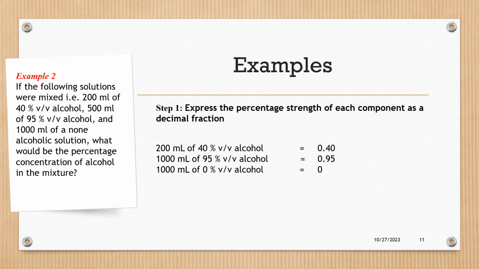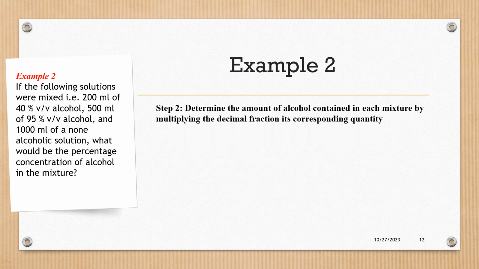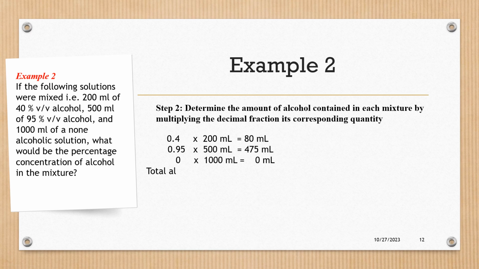Just take note that for the amount of pure alcohol in the third stock that was added, the value is 0. Now, the next thing you want to do is determine the pure volume of alcohol in those stocks that were added to the mixture. We'll take the product of the corresponding volume and the decimal we worked out when we converted the percentage.